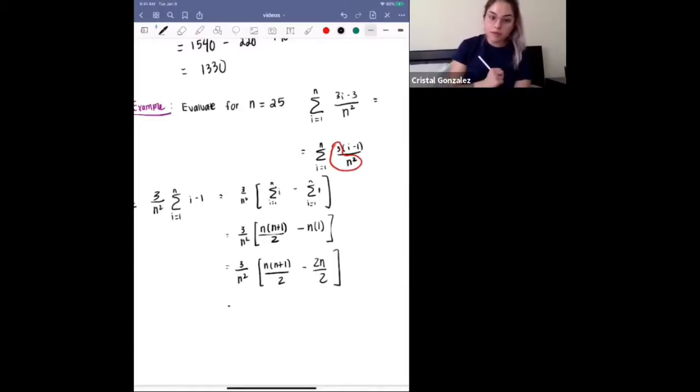Now we simplify that, so we can make this one big fraction. We'll get 3 over n squared times, and now I'm going to distribute that n in, and I'm going to get n squared plus n minus 2n, all over 2.